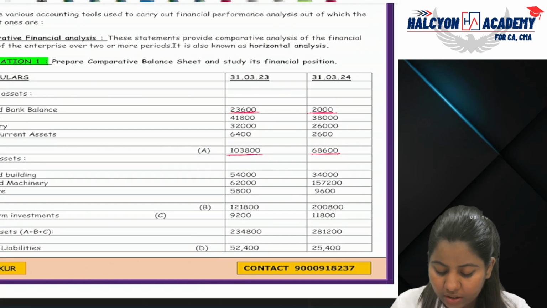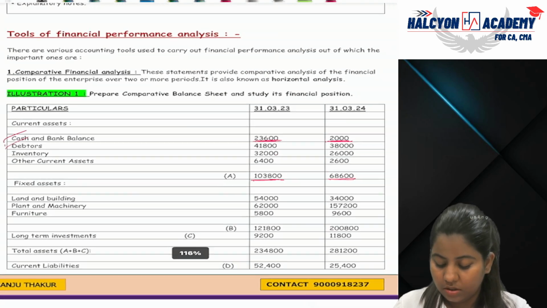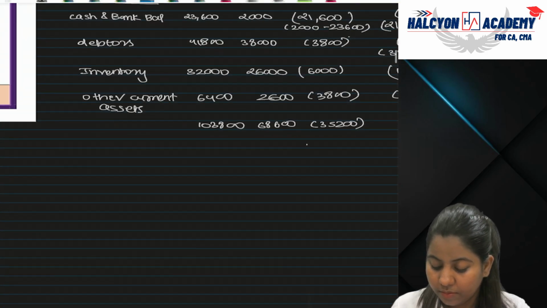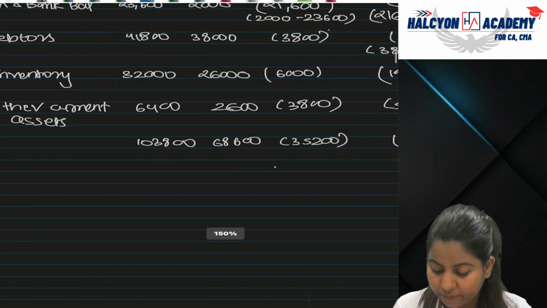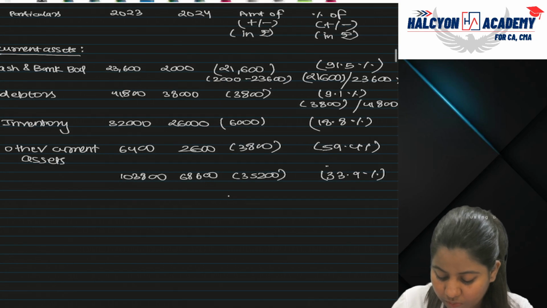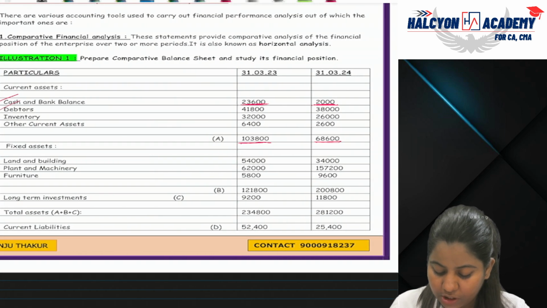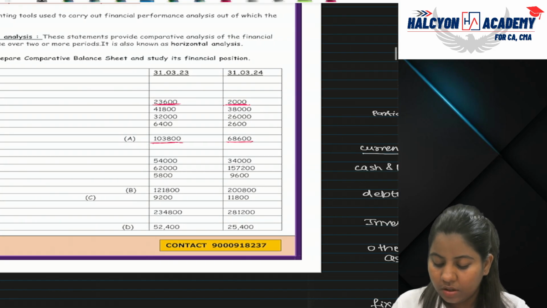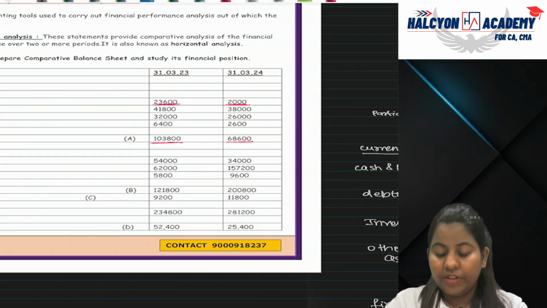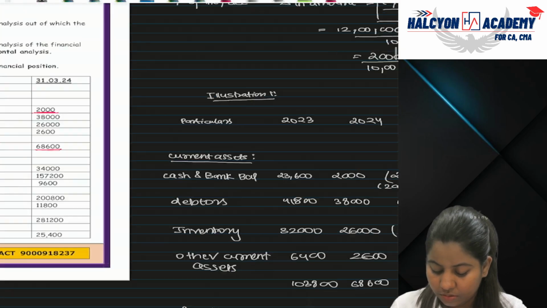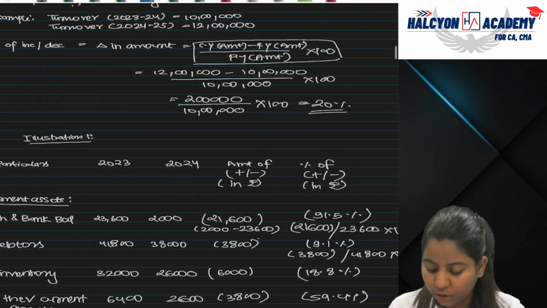Now we have to calculate the fixed assets. First one is land and building. In previous year it is 54,000 and in current year it is 34,000.